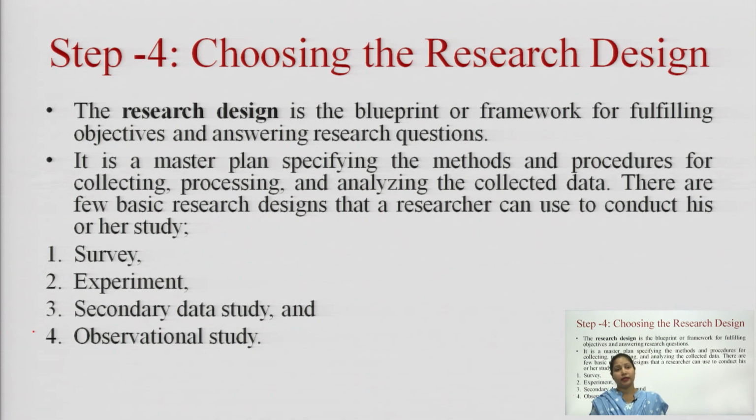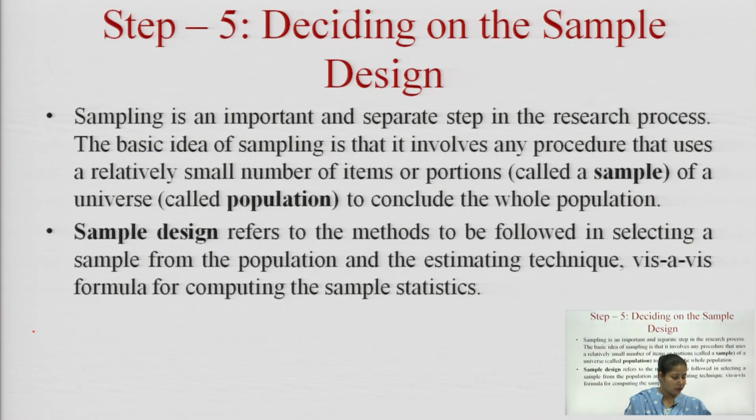If you select a large sample size, you will go for the survey method, because the observation method is very time-consuming, and in that method you cannot go for a very big sample size. Now the next step is deciding on the sample design. Sampling is an important and separate step in the research process.